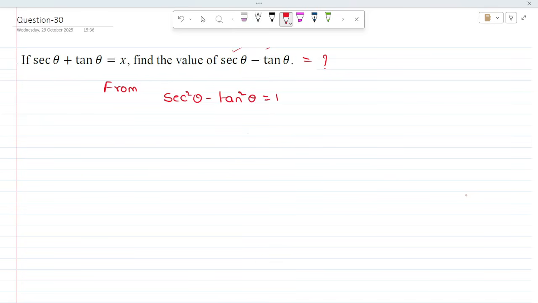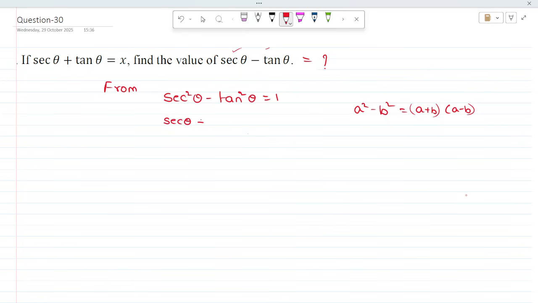If you observe on the left side, it's like a square minus b square. So what will it be? A square minus b square will be a plus b into a minus b. Agree? Yes or no? So observe here, what will it become?